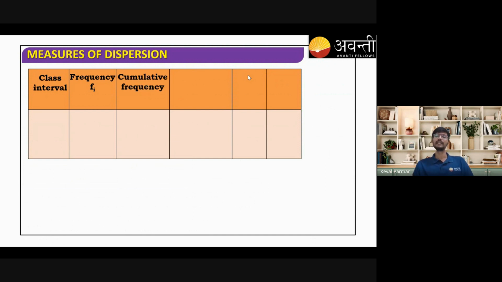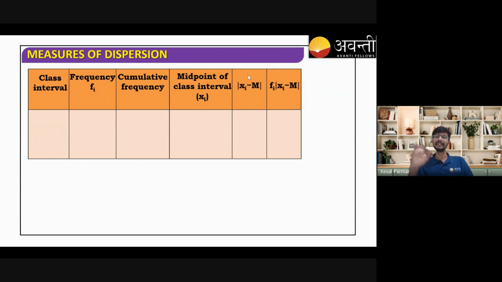Next we have to find the cumulative frequency. Then here also we have to find the midpoint. If you remember, for the product Xi-Fi, we don't have a particular value, as here we have a class interval. So we need to find the midpoint of the class interval.